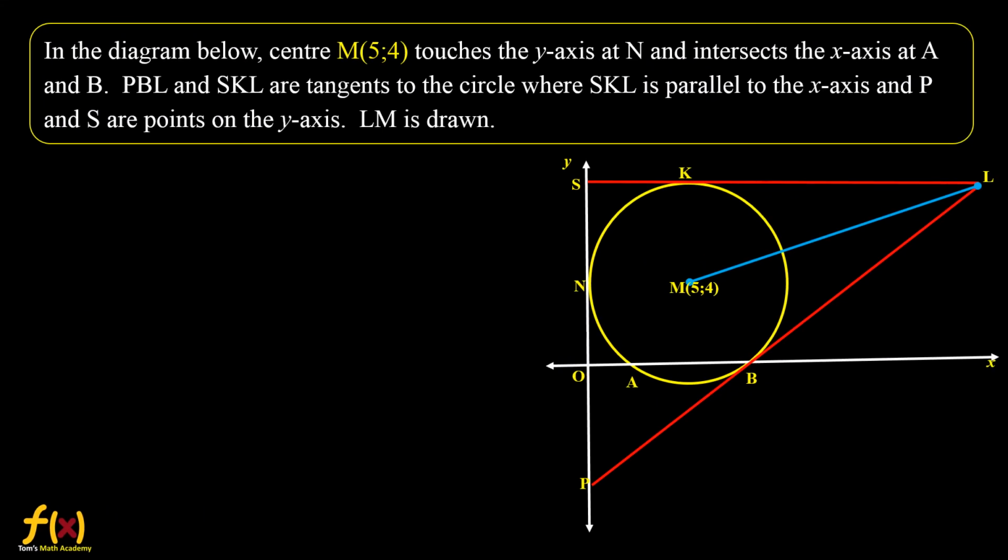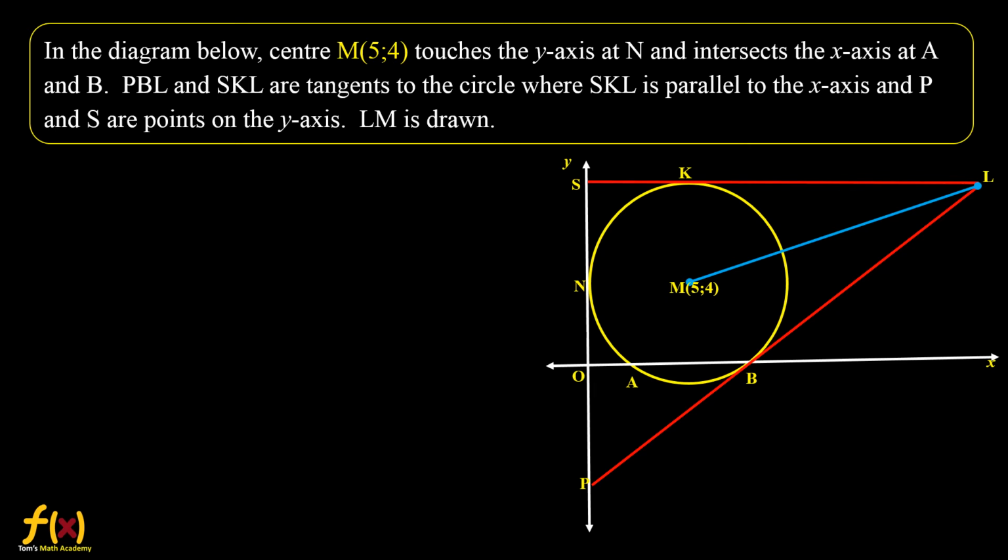Another question from circles. M(5, 4) is the center of the circle. The y-axis touches the circle at N, and the circle intersects the x-axis at two points A and B. PBL and SKL are tangents, and SKL is parallel to the x-axis.